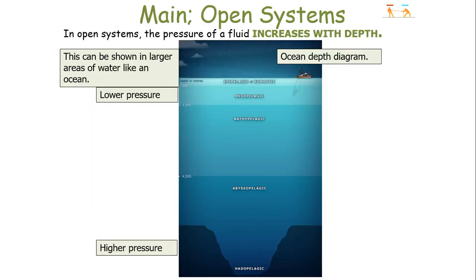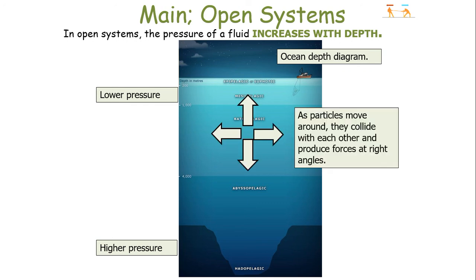Now, in open systems, like an ocean, a lake, or an open-top bucket of water, the pressure of a fluid increases with depth. That means that at the top of the fluid, you've got a low pressure, and at the bottom of the fluid, you've got a higher pressure.